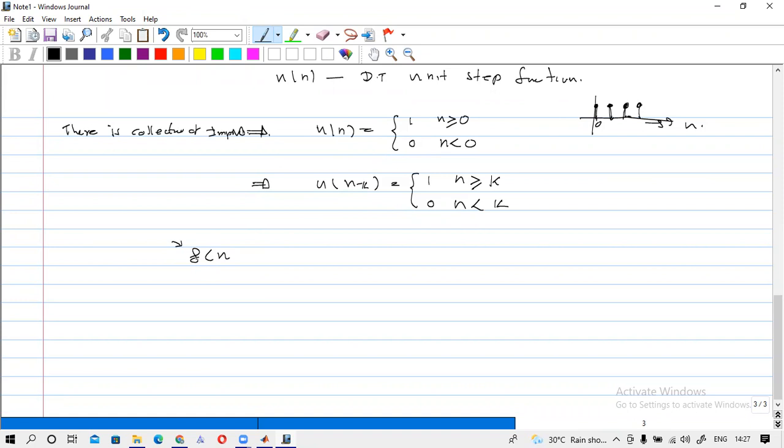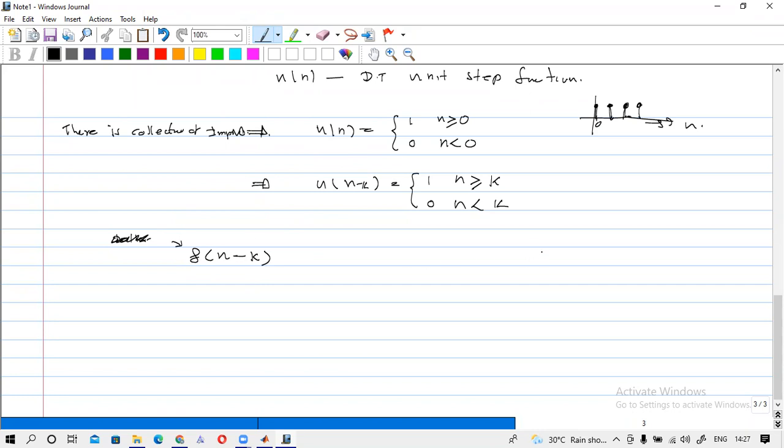So I will call this delta, otherwise I also get confused sometimes. So this is the delta function and this is the unit step function, the expression for the discrete time unit step function. And the shifted delta function is like this.